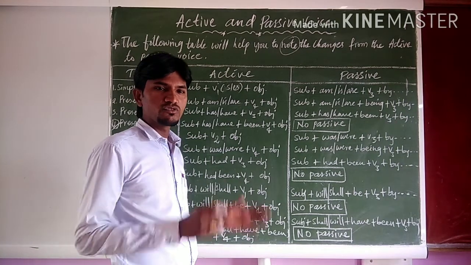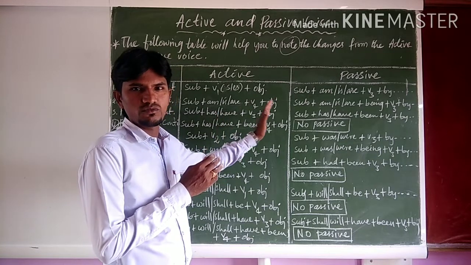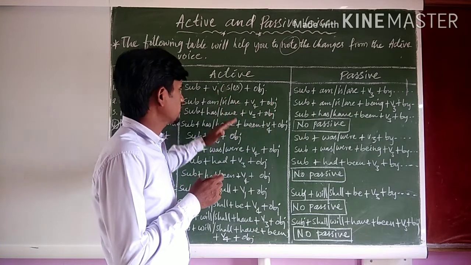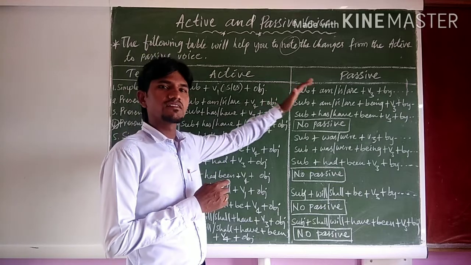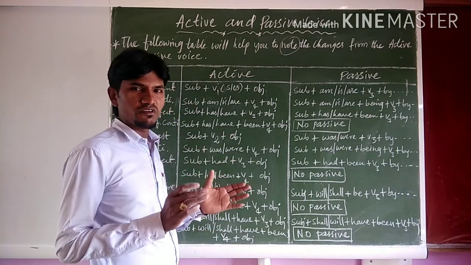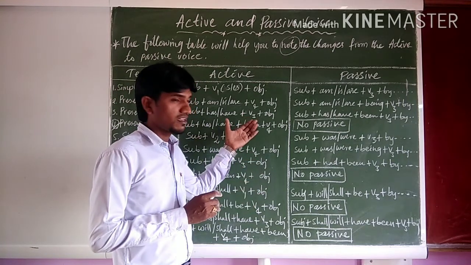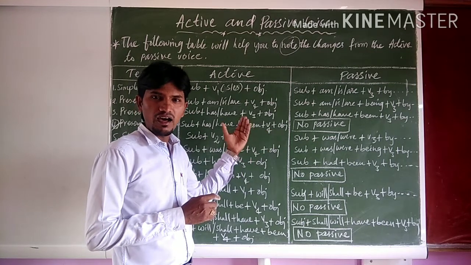Dear students, to simplify our learning, let us go through the structures of active voice, tense voice and its passive form. Keep in your mind and concentrate to understand the structure.